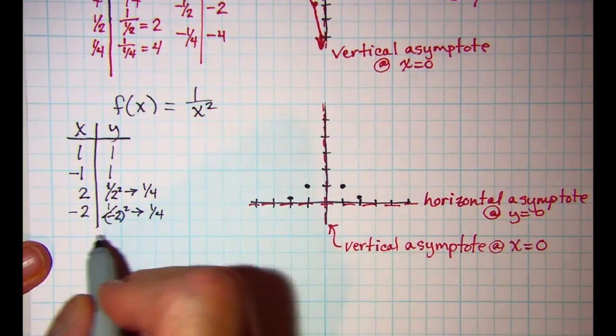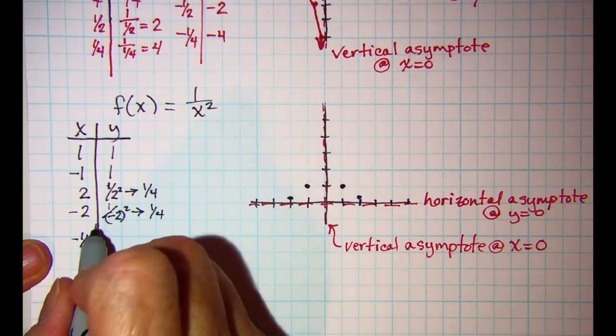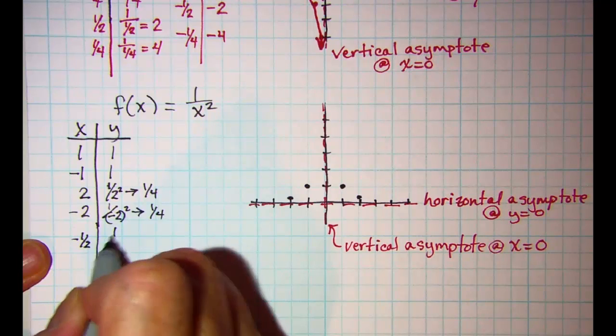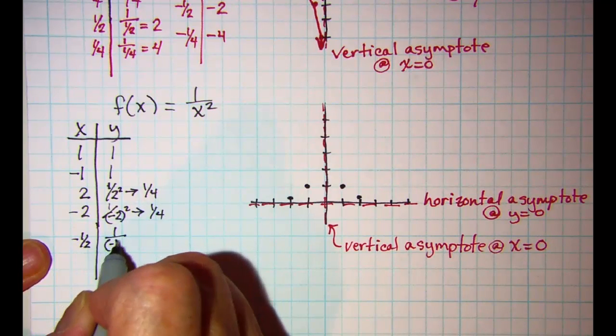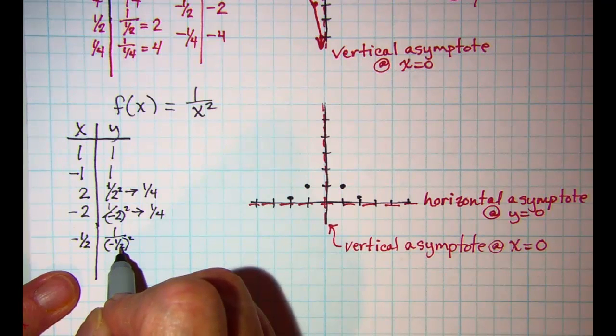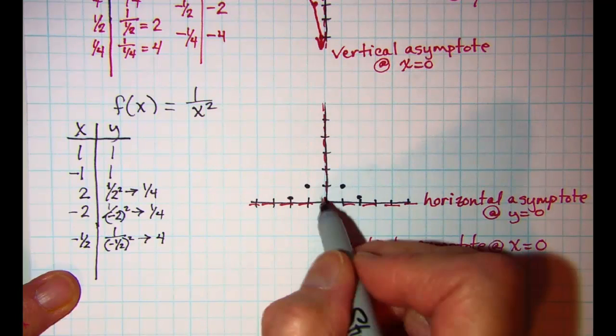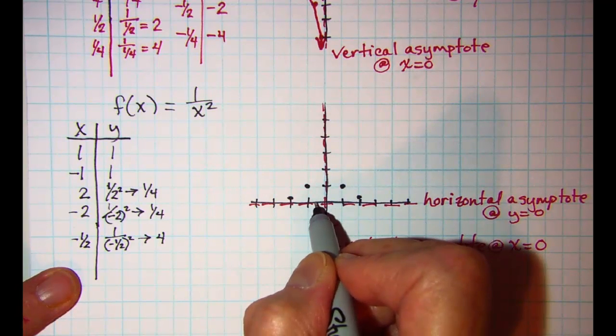And let's see, when x is negative 1/2, we have 1 over negative 1/2 squared. Negative 1/2 squared is 1/4, so this is 4. So when x is negative 1/2, y is 4.